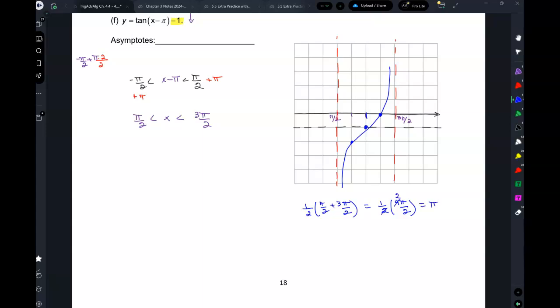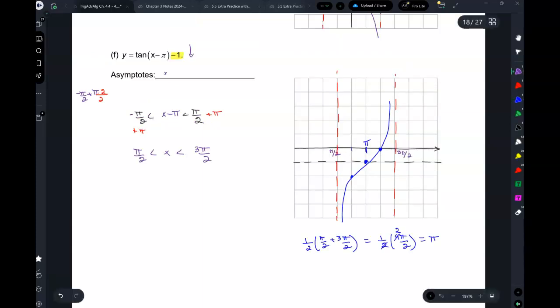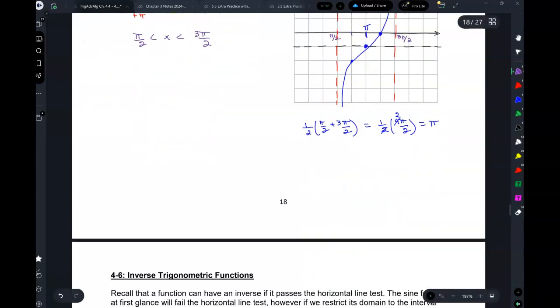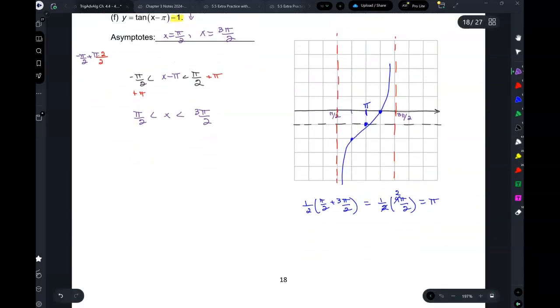So that'll just be pi. Okay, so what are the asymptotes here? X equals pi over 2. X equals 3 pi over 2. All right, go ahead and put those other points, and then we are done with this. And homework is another worksheet, so we'll really get these things down.